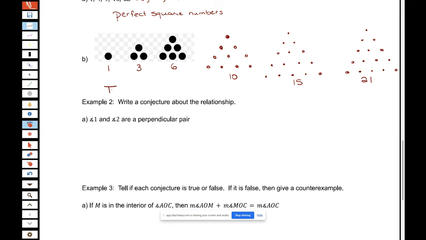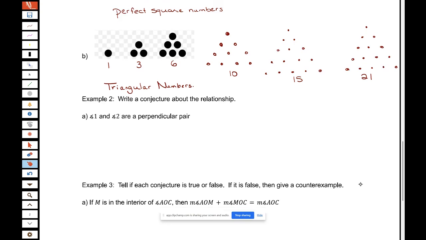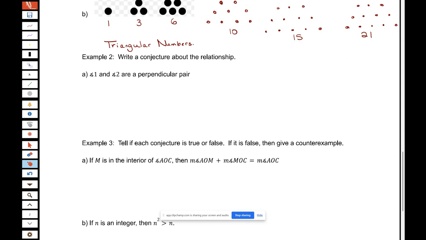So that's how I'm going to describe them, which is basically, the number starting with 1, and you can add consecutive integers of 2, then add 3, add 4, add 5, add 6, or you can say it's the number of dots that you can use to make a pyramid.